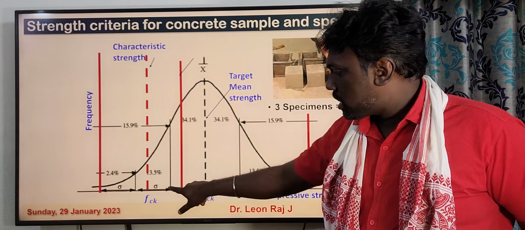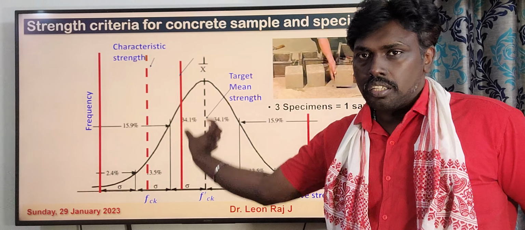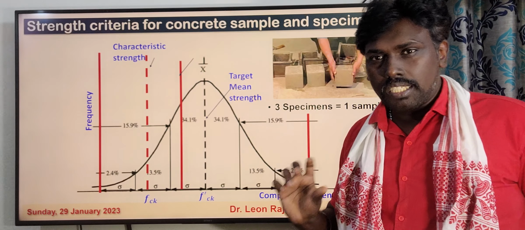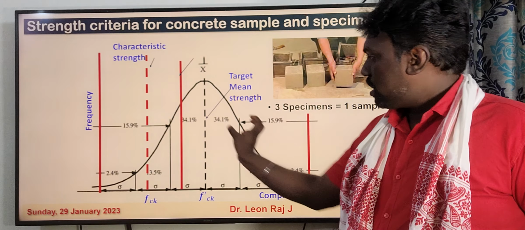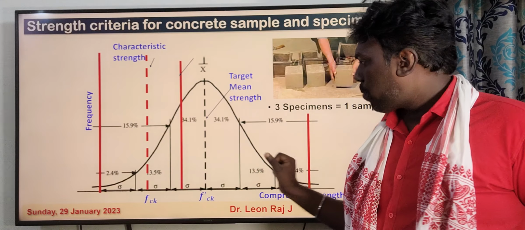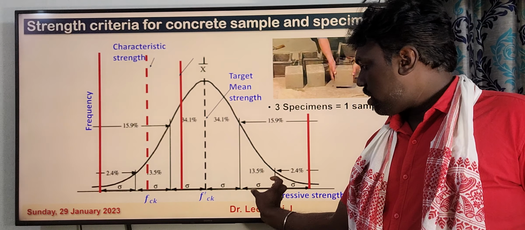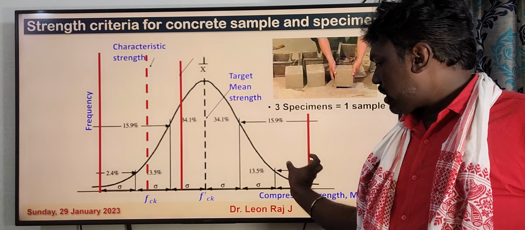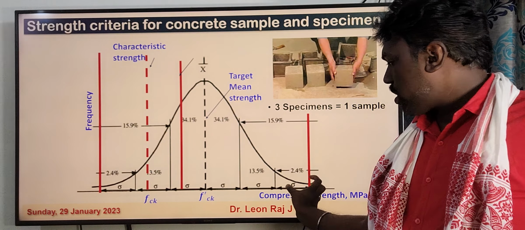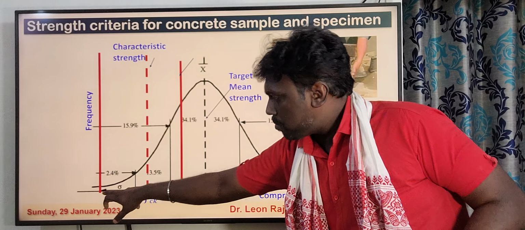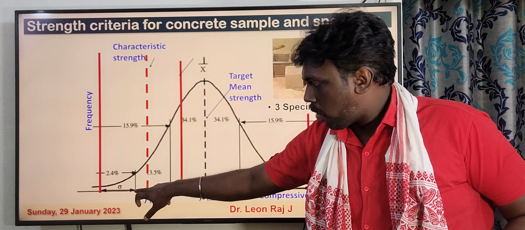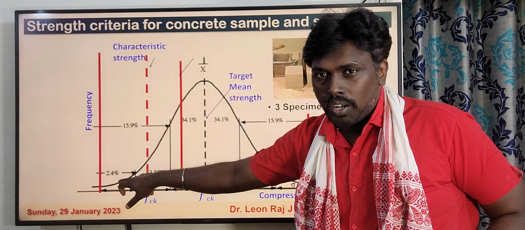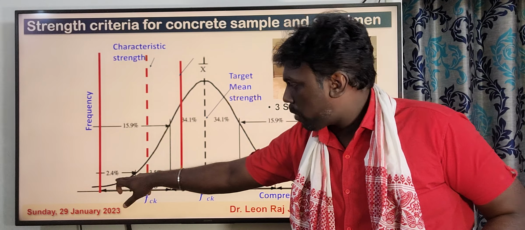That means in this area the data distribution is 34 percent, in this area 34.1 percent, in this area 13.5 percent, and in this area 2.5 percent. From this point to here it is 1 sigma. Our confidence level is 95 percent.